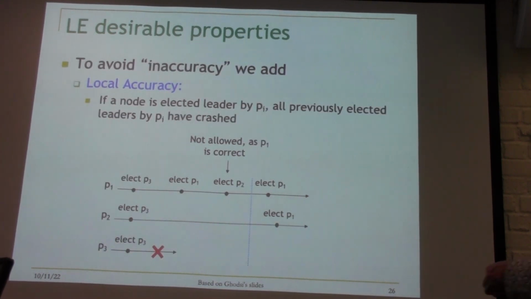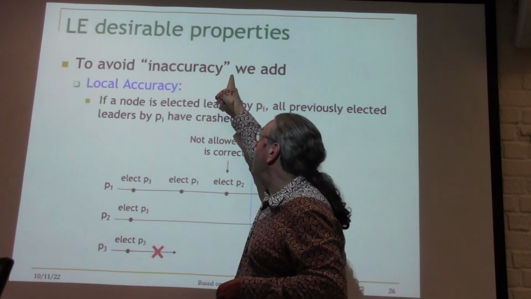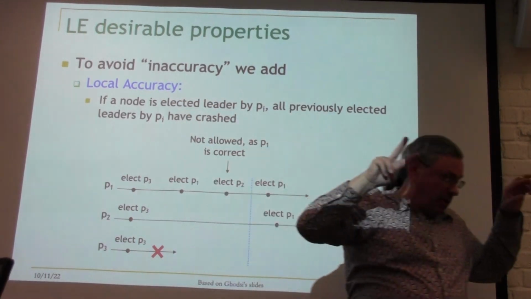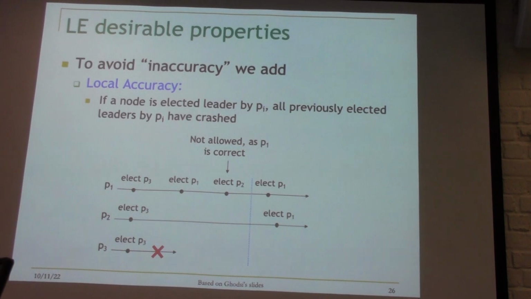I call it inaccuracy. It's not really inaccuracy, I put it in quotes, because technically it's not making a mistake, but it is being wishy-washy. So let's stamp our foot down on that and add another property that avoids this wishy-washy behavior.